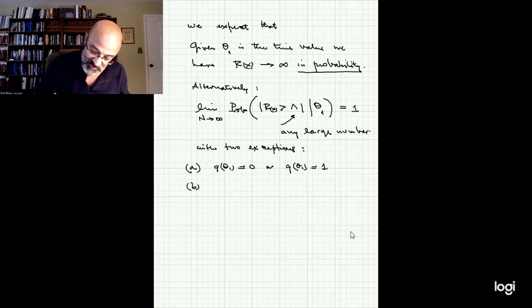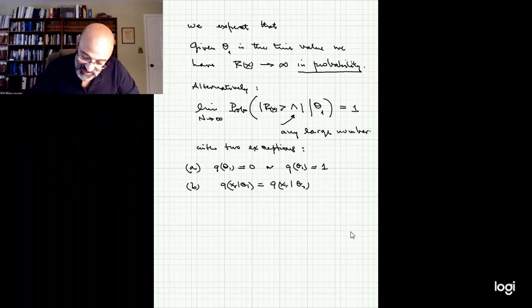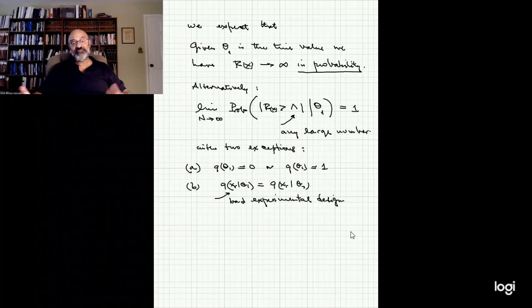So under those circumstances, q x r given theta 1 is equal to q x r given theta 2, that your experiment cannot distinguish theta 1 from theta 2, and this is an indication that you have designed your experiment badly. Bad experimental design. Clearly, if you want to measure something, you want to make sure that it makes a difference, right?